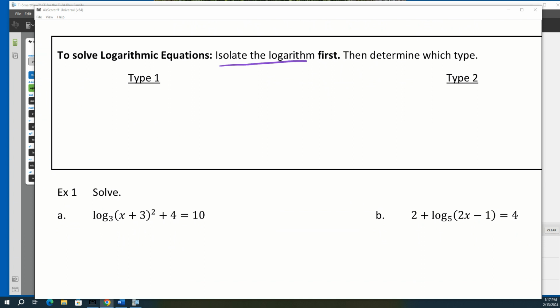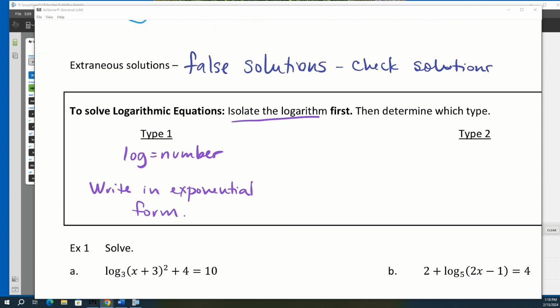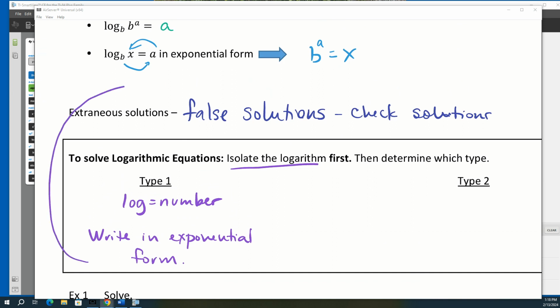So type 1 is going to be log equals a number. And whenever it's log equals a number, to solve it, you're going to write in exponential form. And that is the same thing we just did up there. You already know how to do that.